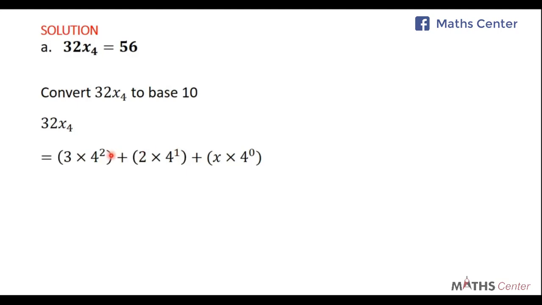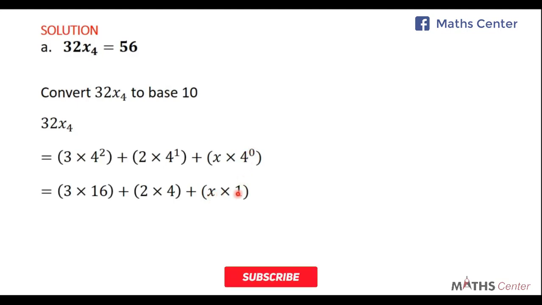It's the same principles as we have been doing all along. We have 3 times 4 squared, which is 16, plus 2 times 4 exponent 1, which is 4, plus x times 4 exponent 0, which is 1. So 3 times 16 gives us 48, 2 times 4 gives us 8, and x times 1 gives us x.